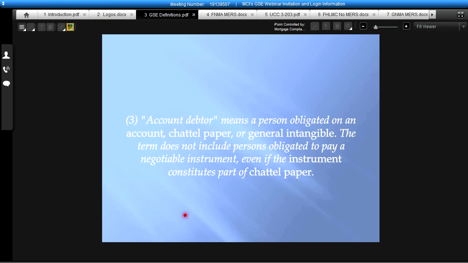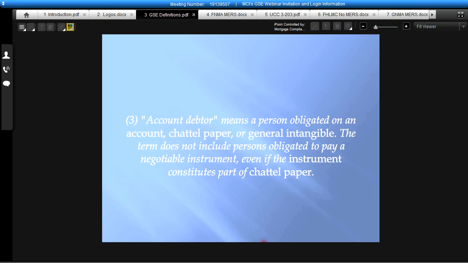So again, account debtor means a person obligated on an account. Okay? It does not include the persons obligated to pay a negotiable instrument. This is the creator of the intangible obligation.